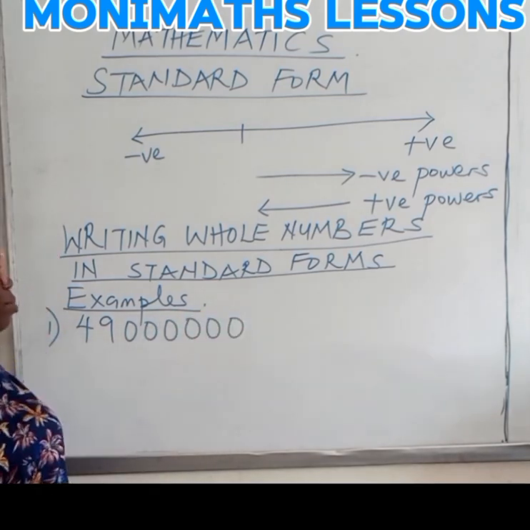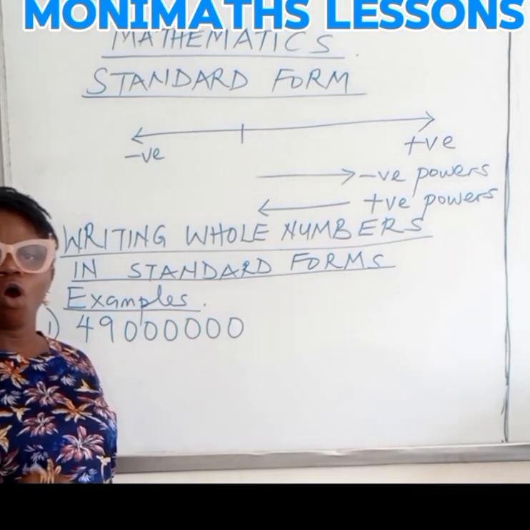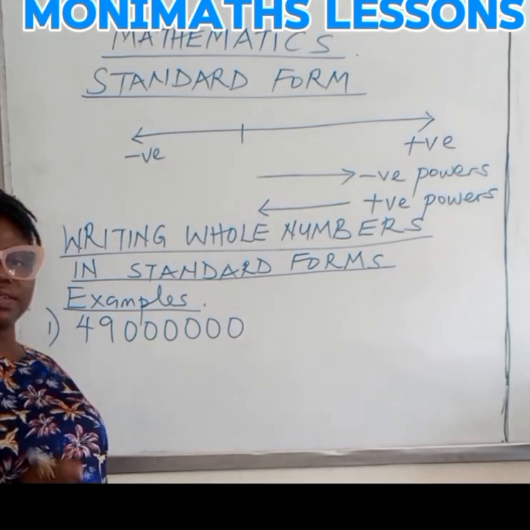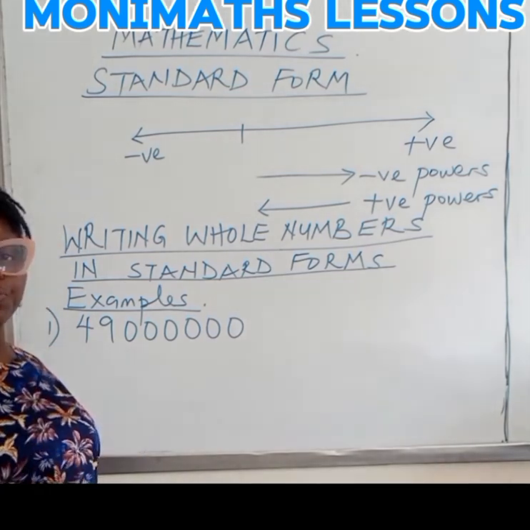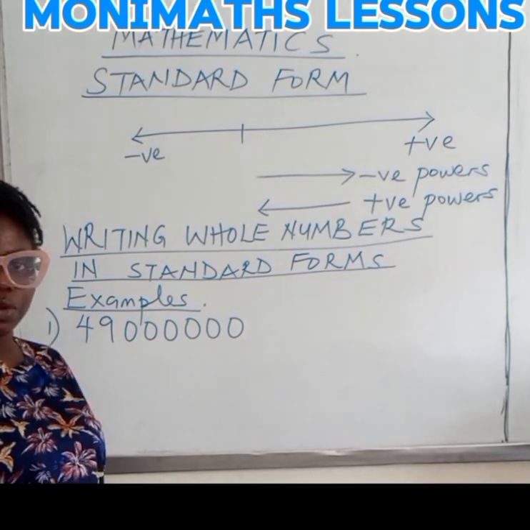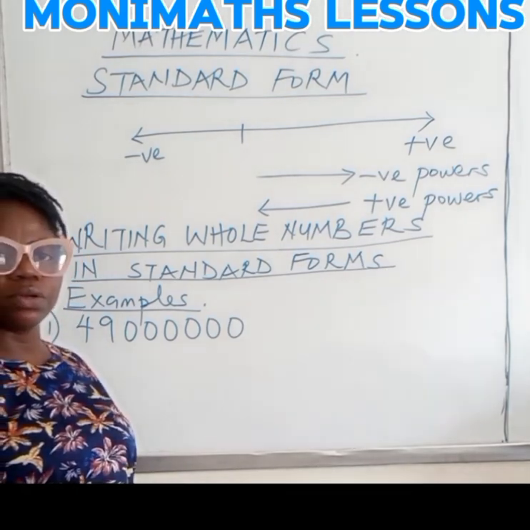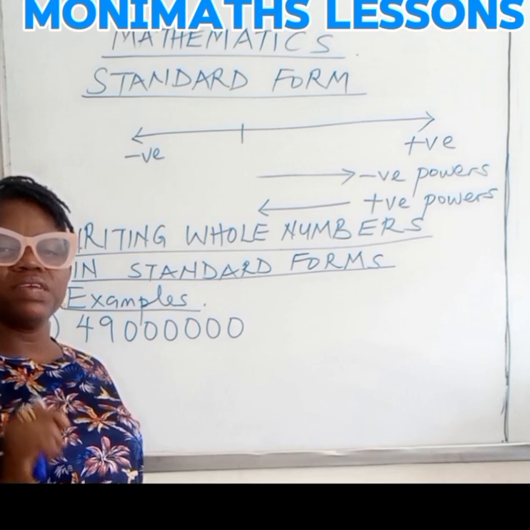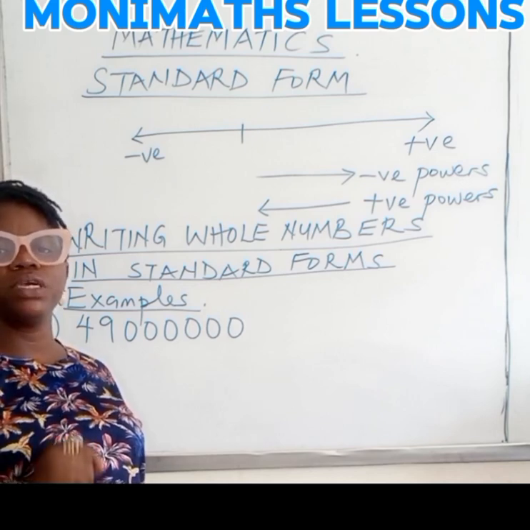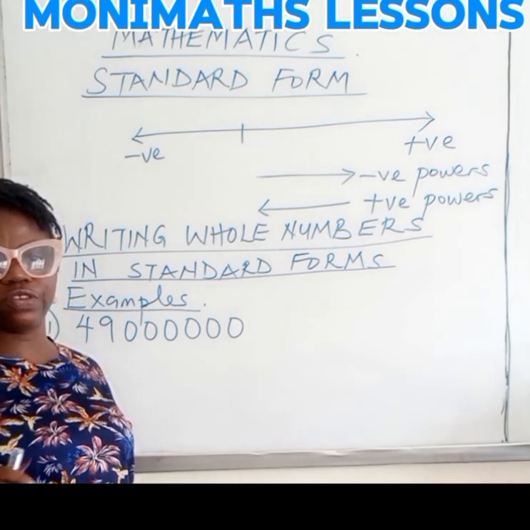This is 49 million. Remember that all numbers have their decimal points visible or not visible. When you are dealing with whole numbers like this 49 million, the decimal point is always at the back of the units, the ones.